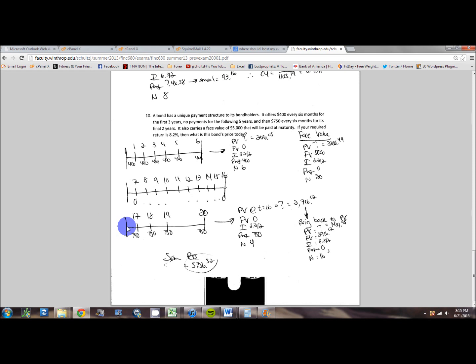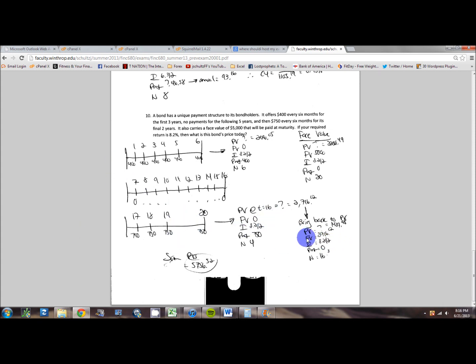So then what you need to do is take this lump sum and bring it back to the true present value, just like I was saying when we began this part of the problem, right? So the future value is 271602. Your I still needs to be semi-annual because everything is happening in semi-annual periods.